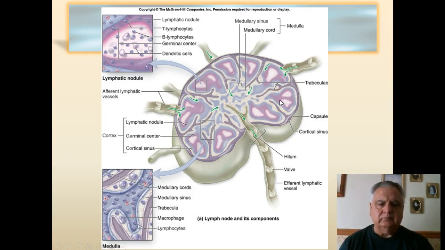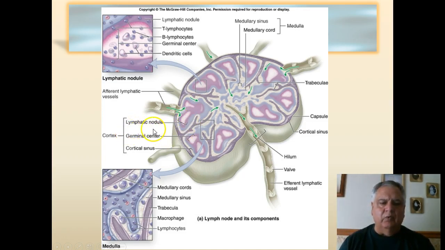Okay. Now, within the lobules, we have masses of T cells and B cells. These are referred to as follicles, but here in this diagram, this is why I mentioned this, the follicle is actually referred to as a nodule. So the nodule is the same thing.